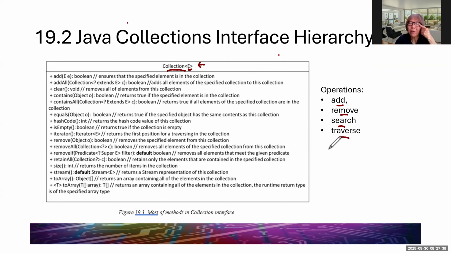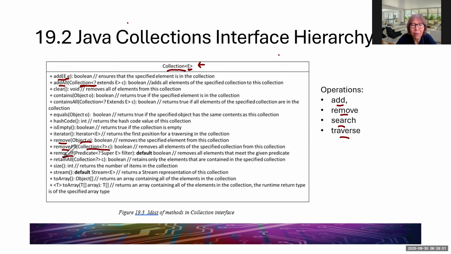Okay. And in the collection, we can see it has a number of methods like add. You can add a single item. You can also add another collection. Okay. And we can remove a single object. You can also remove a specified collection.